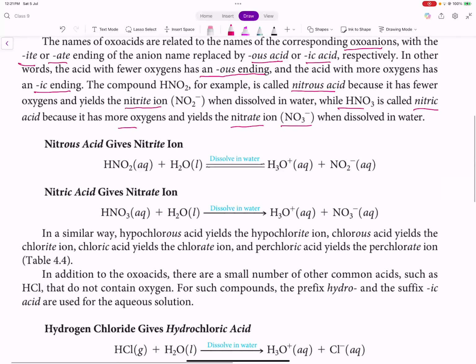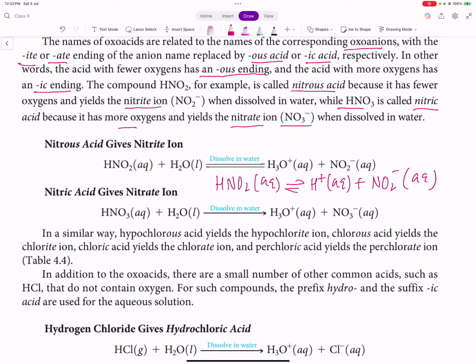I can write this, or I can also write this as HNO2 aqueous dissolving to give H plus aqueous. I can also write the above equation this way. Similarly, for nitric acid, I can write HNO3 aqueous.